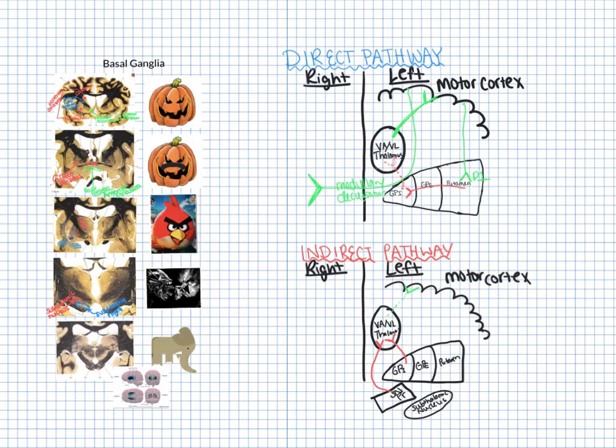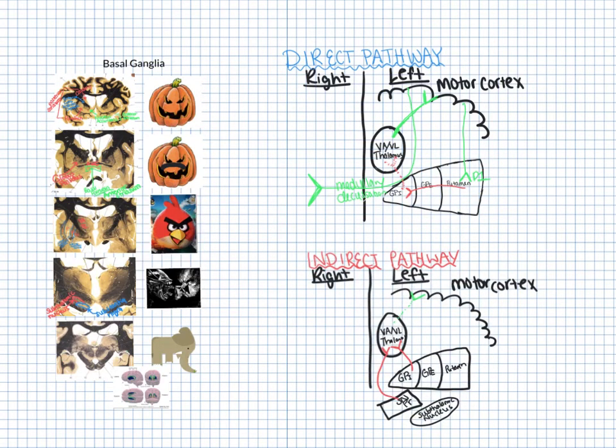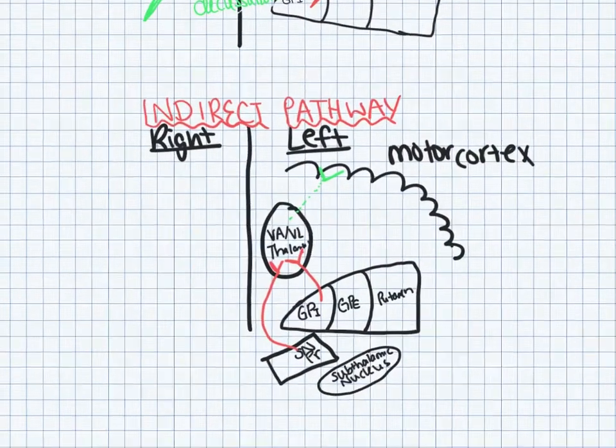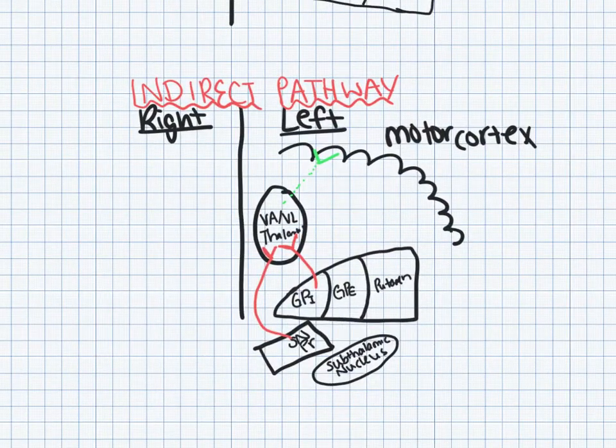All right, so when I am showing the indirect pathway, we are going to start still showing the GPI and the substantia nigra pars reticulata, not to be confused with the compacta, providing inhibitory input to the thalamus, turning down excitatory output to the motor cortex.